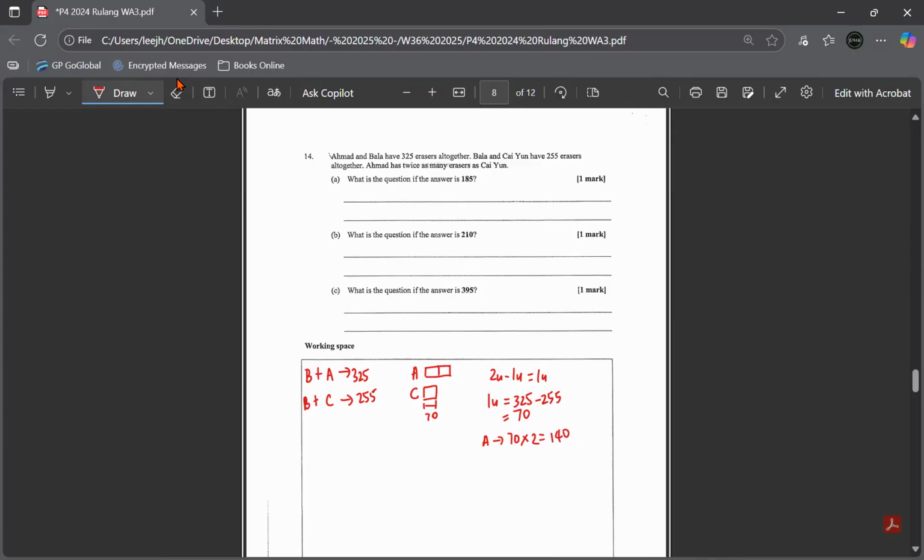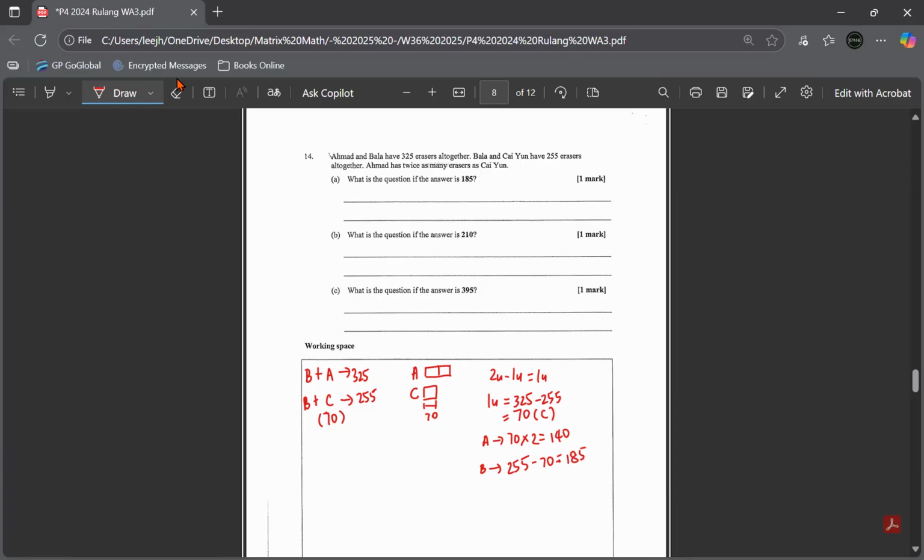I found out everyone's number of erasers first. So 70 is Cyrene. I write C. So Ahmad is 140. What about Bala? Cyrene is 70, and Bala and Cyrene is 255. So Bala will be 255 minus 70, 185.